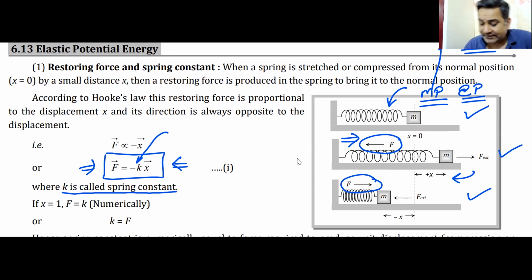I'll give you 2 minutes to do it. Everyone understands this? Mean position or equilibrium position occurs where the spring is in its relaxed state. Please note it down.